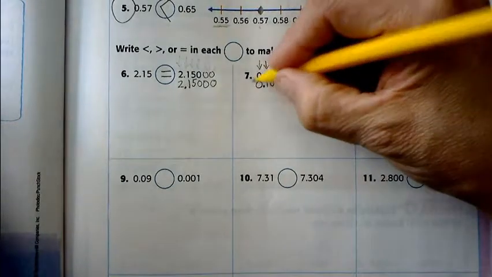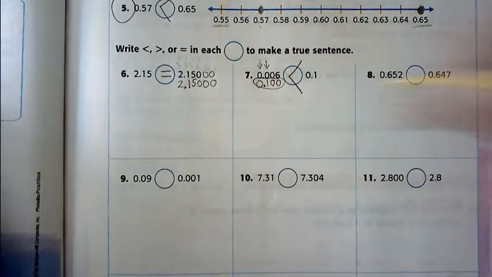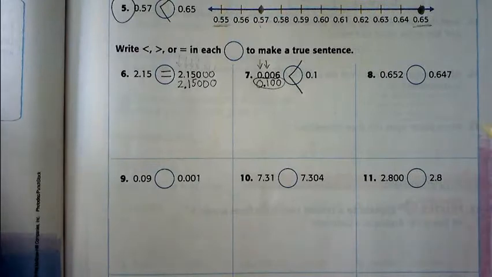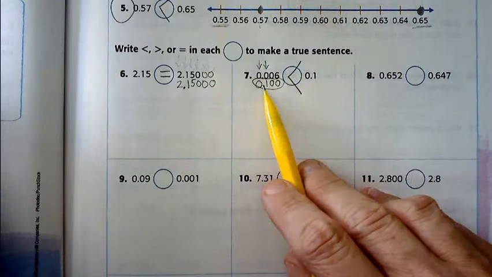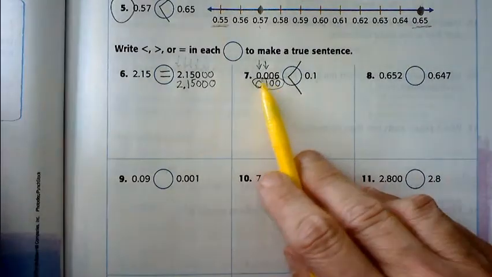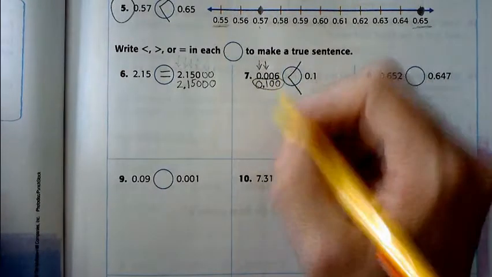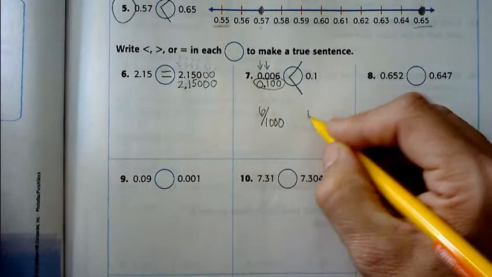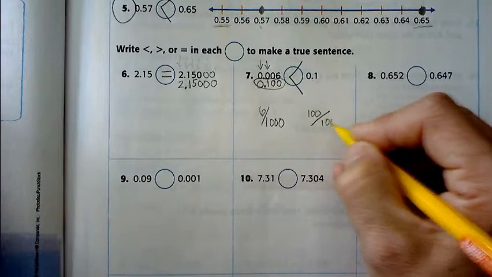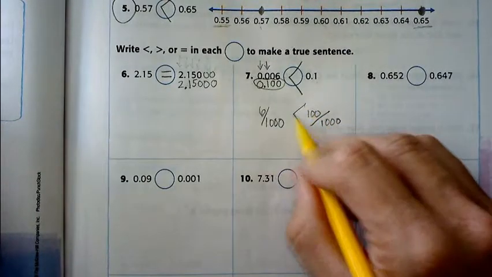So this whole number is bigger. It doesn't look bigger. That one has a lot more digits, but the value of this is bigger. And if we look at our decimals here, this top one is 6 out of 1,000, and this bottom one is actually 100 out of 1,000. So that's definitely bigger.